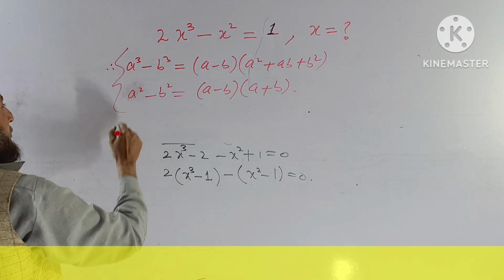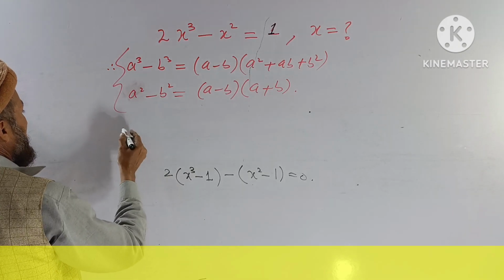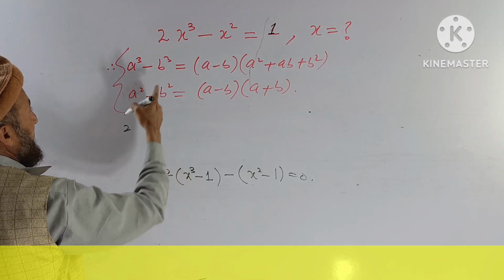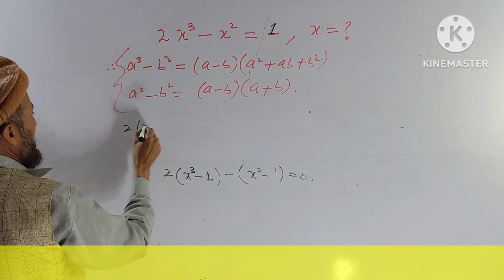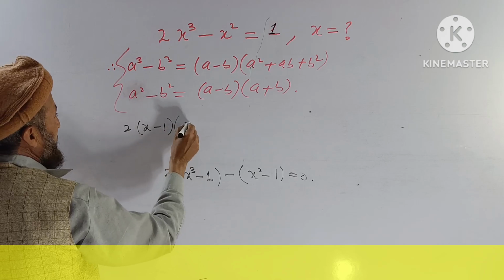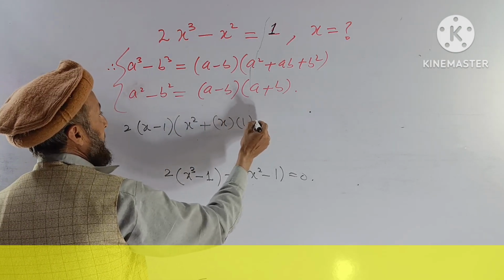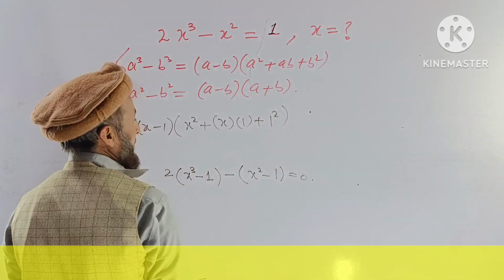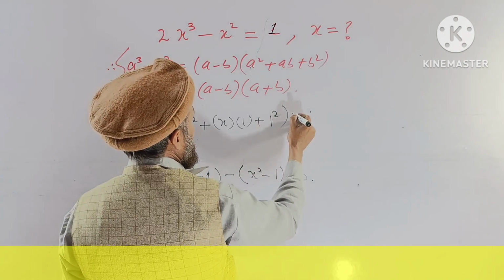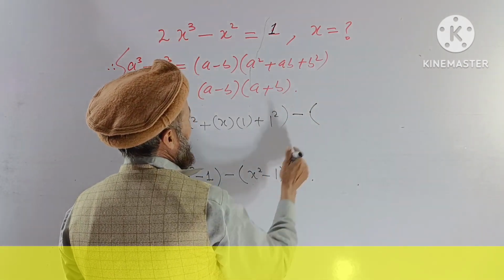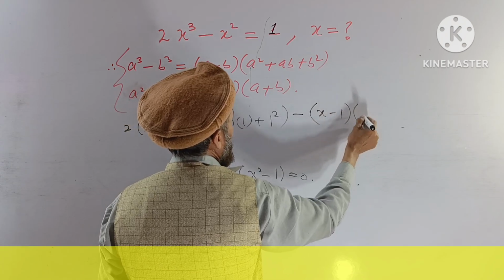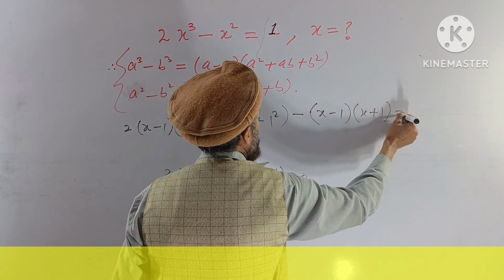According to these two formulas, into 2 and 2, we are using this formula a minus b. It means that x minus 1 into x square plus x into 1 plus 1 square, and here a minus b into a plus b is equal to 0.